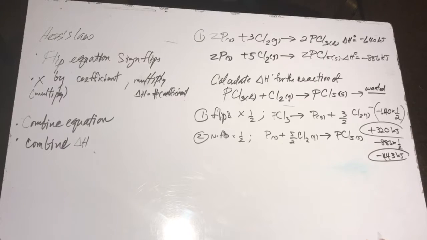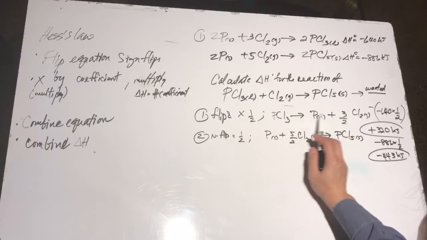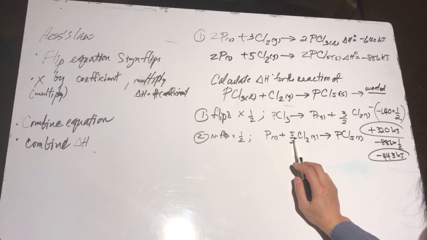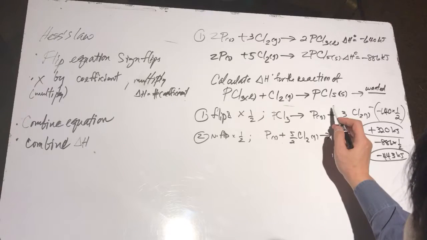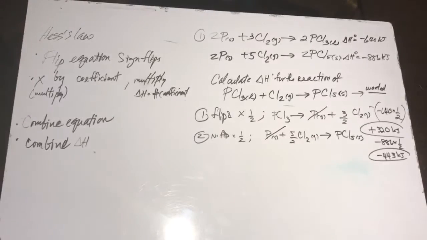So now we want to see if we're getting the right values. Let's do the math. We combine this one and this one. If it is on both the left and the right, we can basically cancel them out.